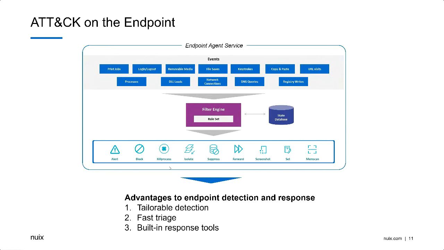But to focus on the positive, the advantage of being on the endpoint, if you are doing something similar to what we've depicted here, is that you can tailor your detections to deal with alerts that you don't want. You can very quickly examine alerts that come in to determine whether or not they are in fact threatening or malicious.